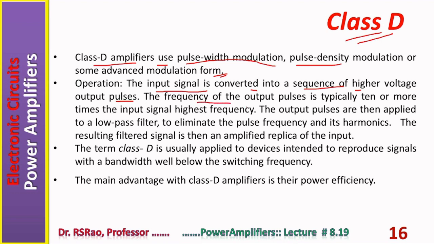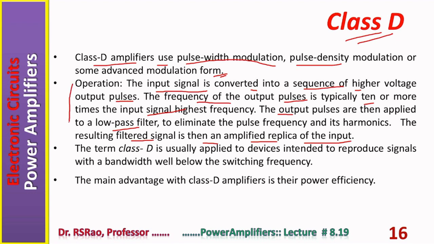The frequency of the output pulses is typically 10 or more times the highest frequency of the input signal. The output pulses are then applied to a low pass filter to eliminate the pulse frequency and its harmonics. The resulting filtered signal is then an amplified replica of the input.